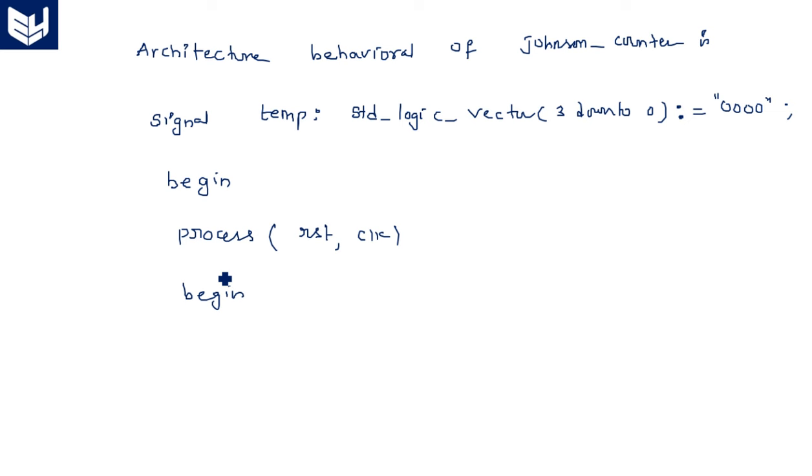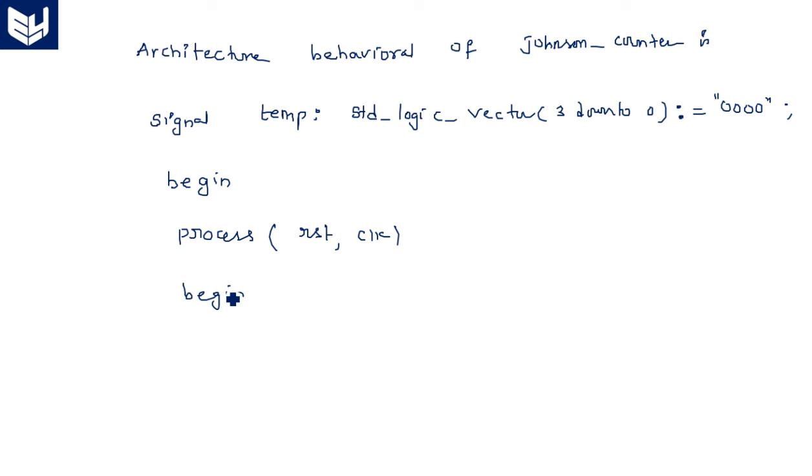This process statement should always be there when we are writing the behavioral model. We know very well there are three styles of VHDL code, which we discussed in the beginning: behavioral model, structural model, and data flow model. In the behavioral model we use if, else, process and so on.